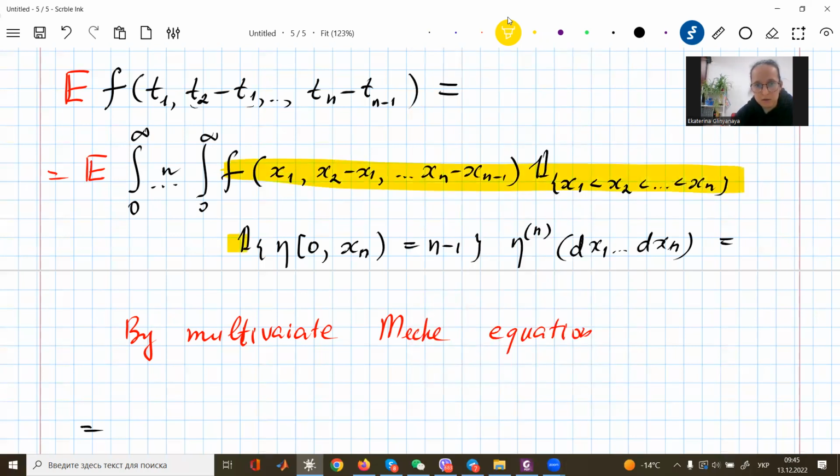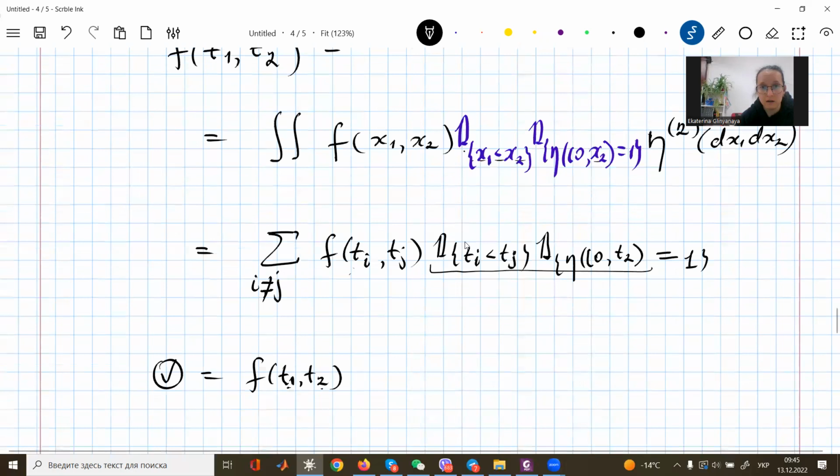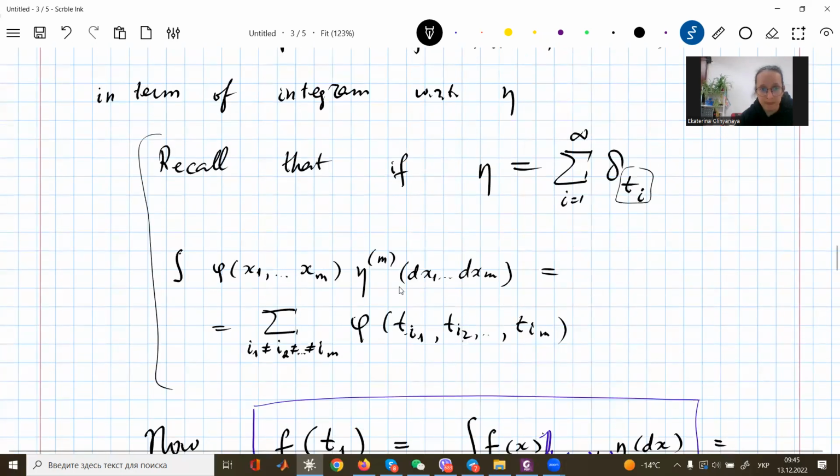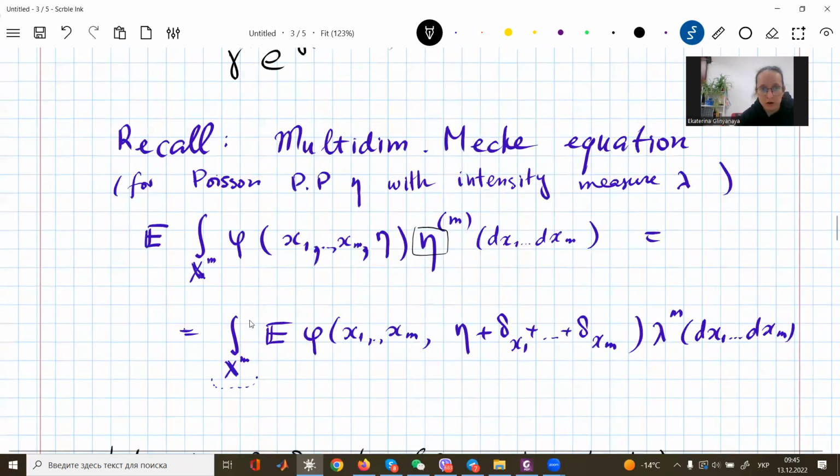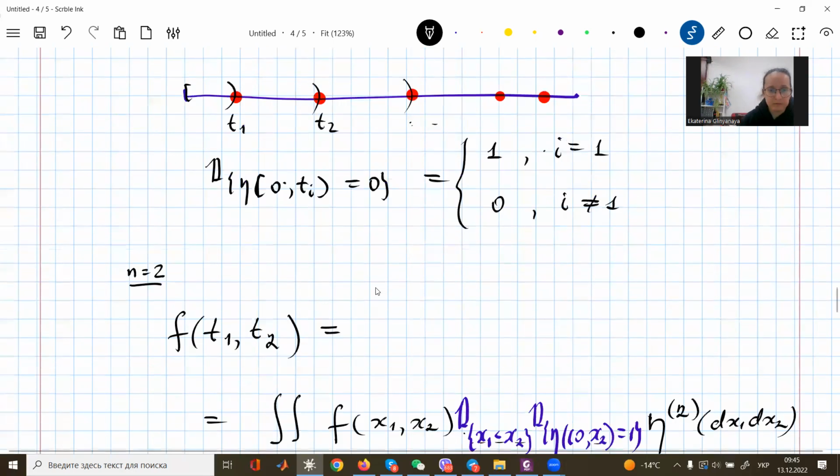This is the function phi that I use in the Mecke equation. So here phi depends on points and the measure itself.